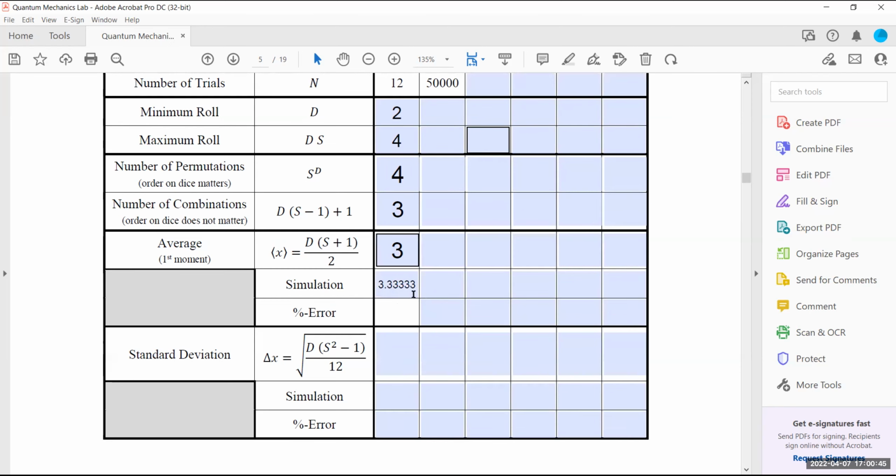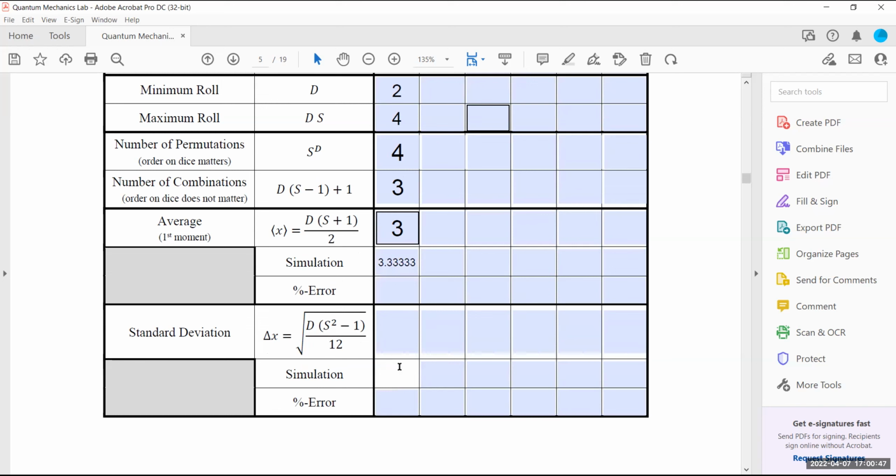And the error, I'm going to come back to the error. Before I do that, I want this value from the simulation because it's giving me also for the standard deviation 0.7453565. Okay, so it gave me all of this number. I need to compute this number. If I compute this number, I have D, which is 2. I have S squared, which is 2 squared, which is 4, minus 1, which is 3.